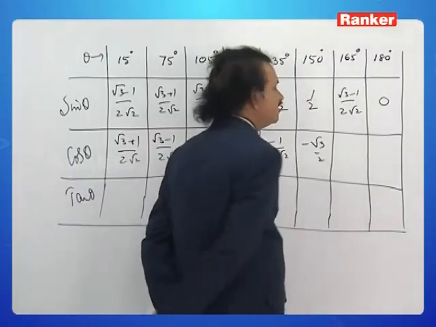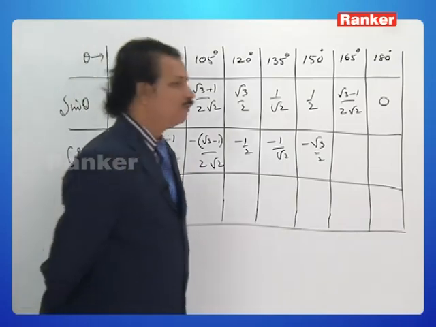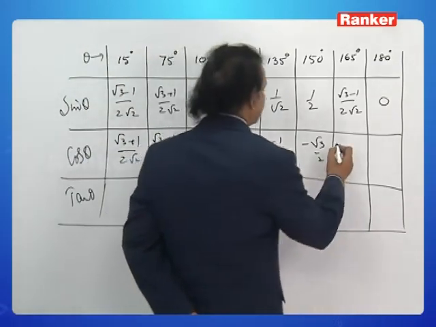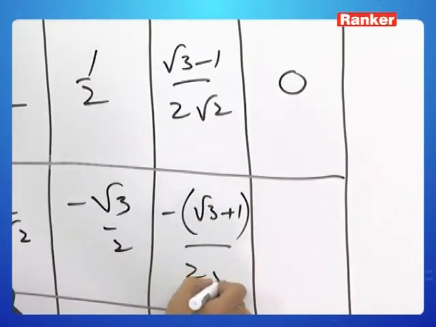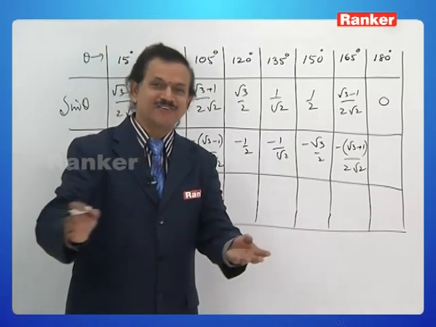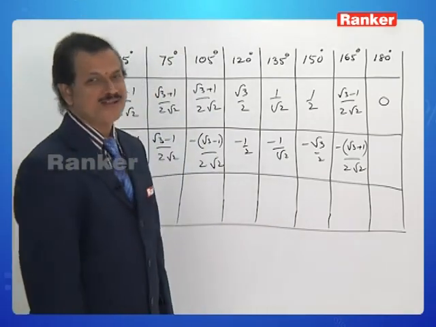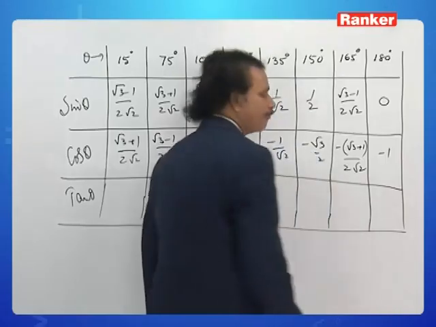And again 165. You can have cos 165 as minus cos 15. Minus cos 15 means minus of (root 3 plus 1) by 2 root 2. Well, cos 180. 180 degrees and 0 degrees are supplementary. So, cos 180 is nothing but minus cos 0. Minus cos 0 means minus 1.